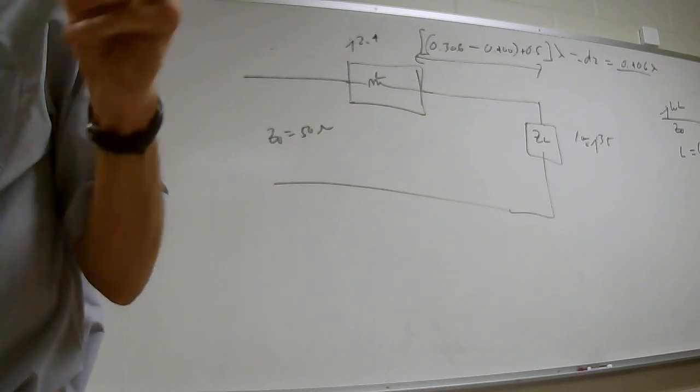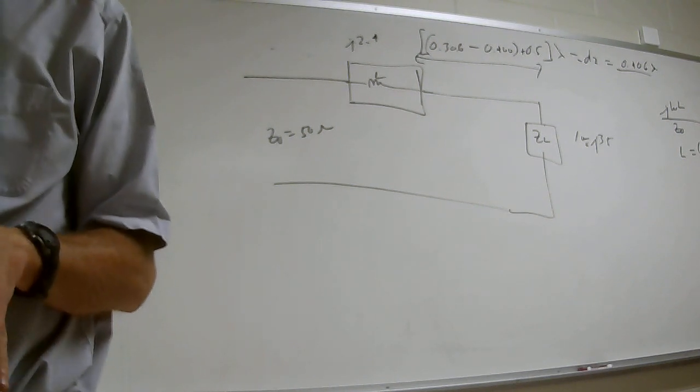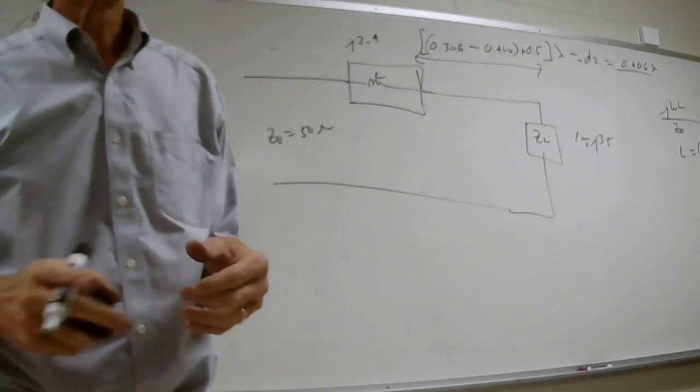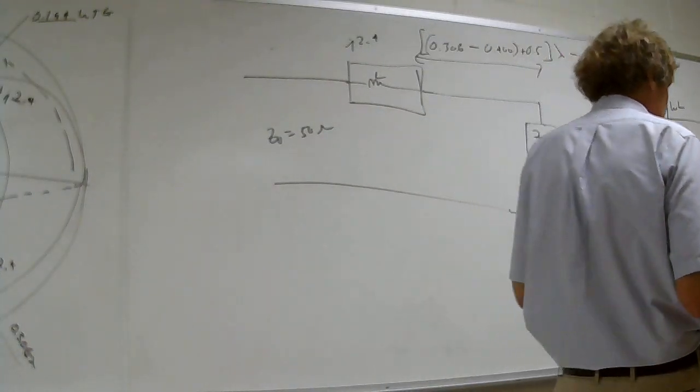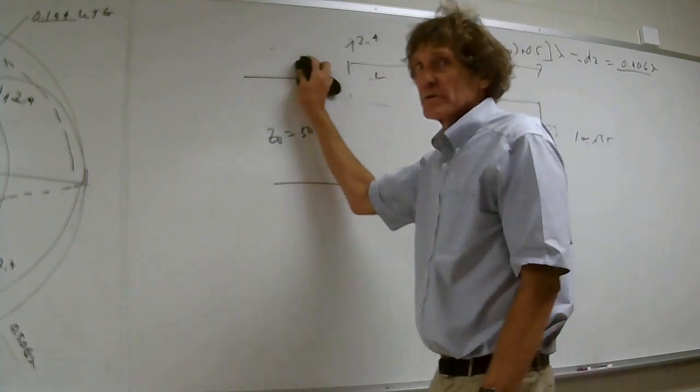Okay. So that's the two types of matching we can do with series elements. Now we're going to do the shunt elements. Did you have this before with me or not? Yes, sir. Okay. Shunt element is probably more common, but almost always it's a capacitor.